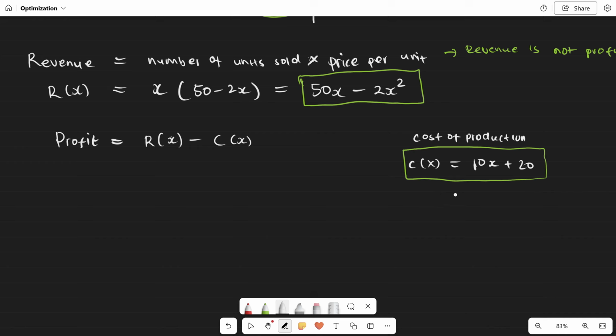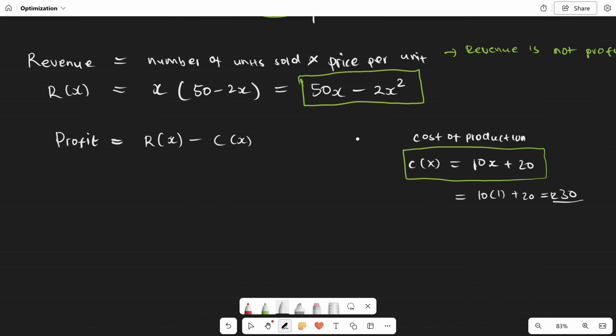It means that if you produce just one, the cost of producing just 1 unit will be 10 times 1 plus 20, which is 30 rands. So the cost of producing one is 30 rands. That means you would make a profit of how much?